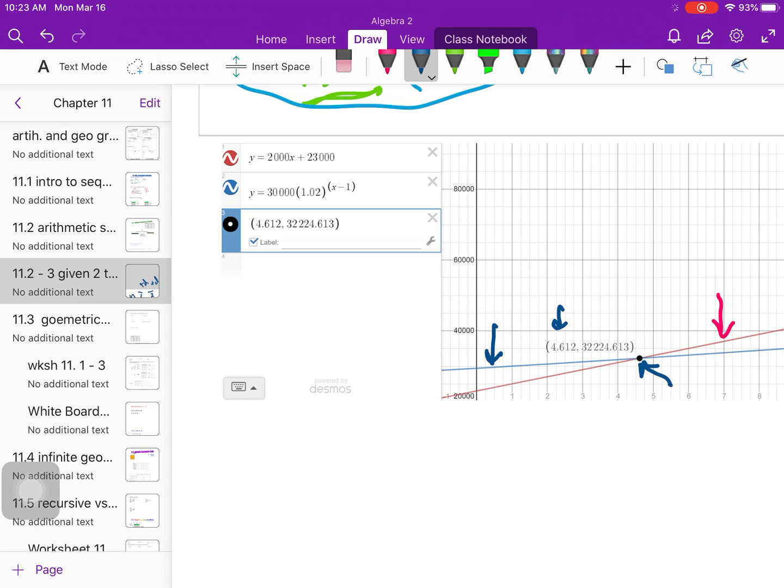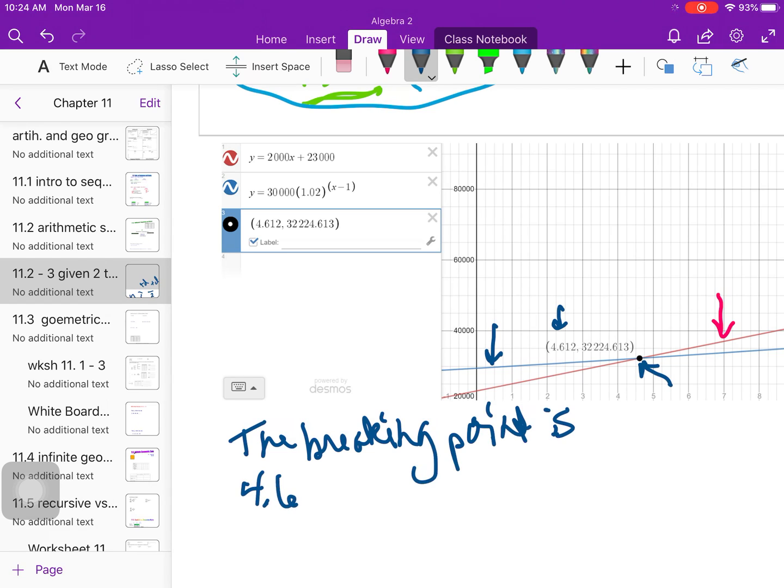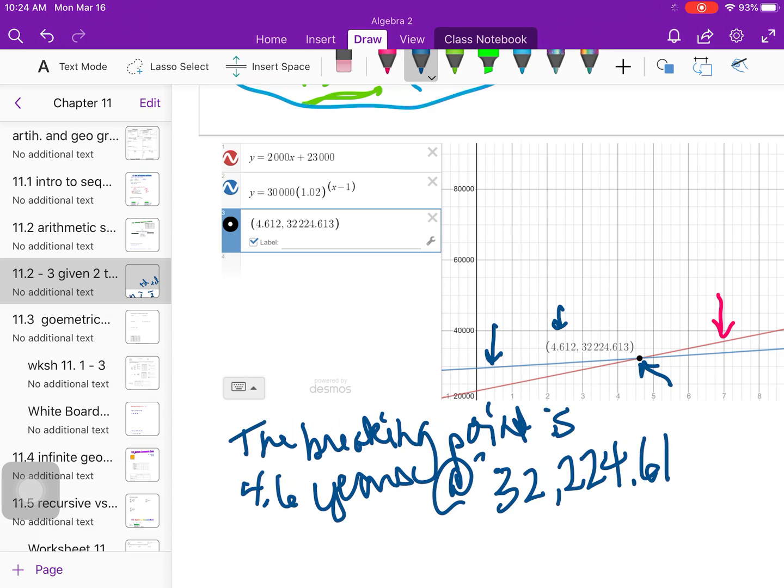So the breaking point is 4.6 years at $32,224.61.